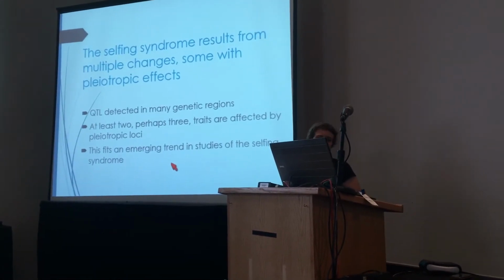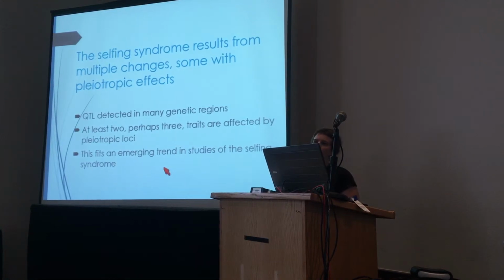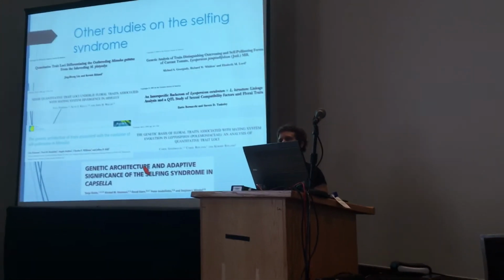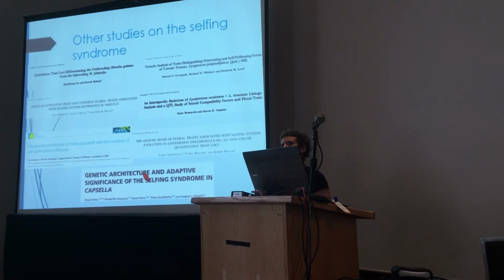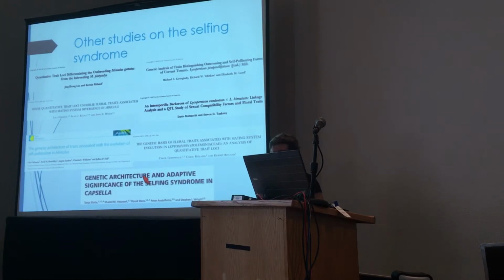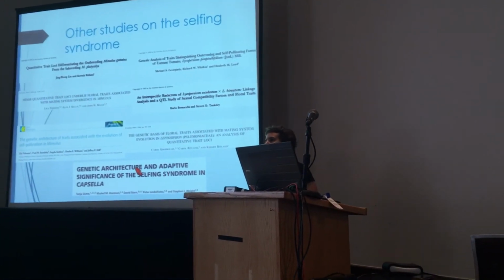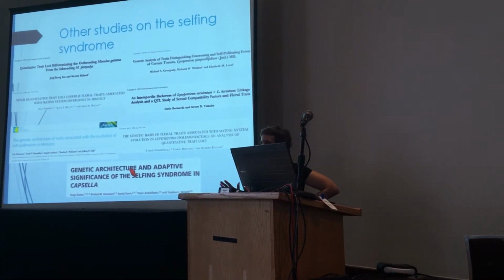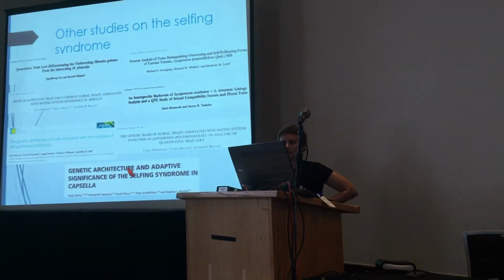This is actually consistent with an emerging trend of what people have seen in other studies on the selfing syndrome. There have now been studies in at least 4 systems, and there's a fairly consistent pattern where people find multiple loci that affect multiple traits. Usually between 2 and 7 or 8 loci per trait, but in Mimulus there's like 10 plus, so those are highly polygenic.